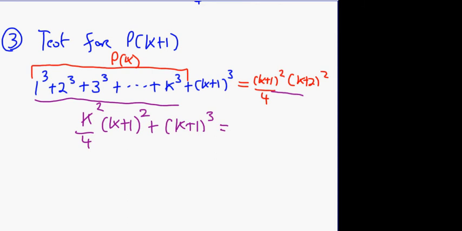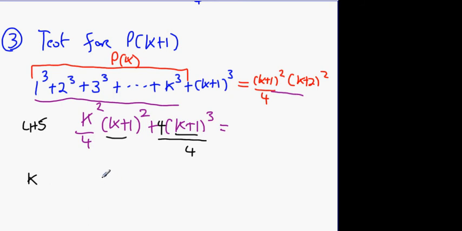So if we work on the left hand side only, what we can do is factorize out k plus 1 squared. So what we're going to get is k plus 1 squared, and we need a common denominator of 4, so I'm going to have 4 in here and 4 in here as well to make them the same denominator.